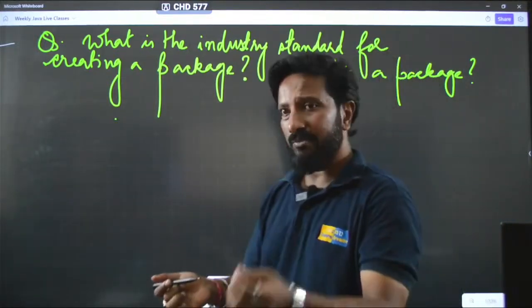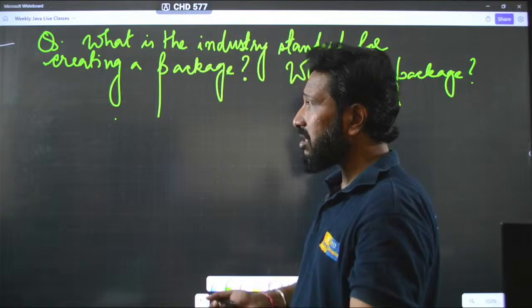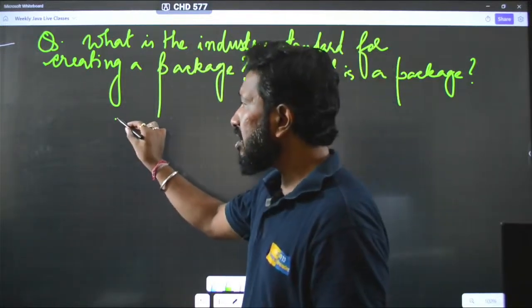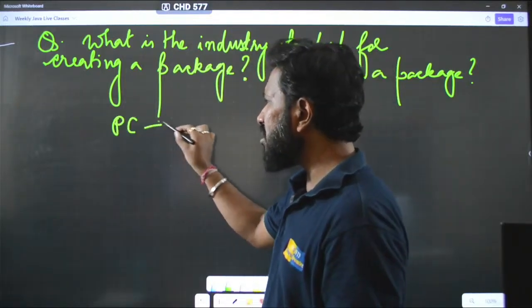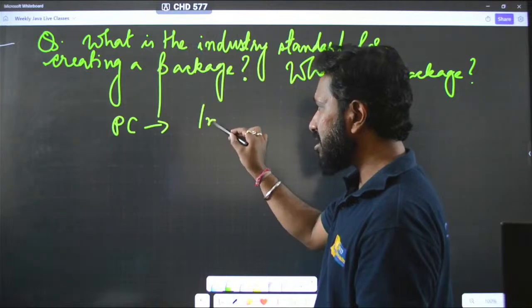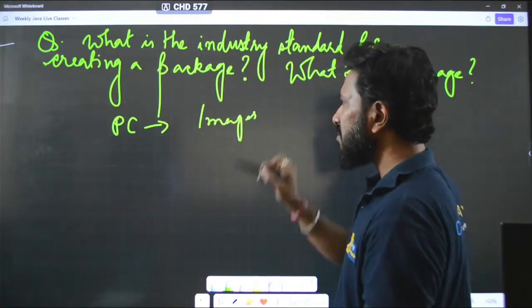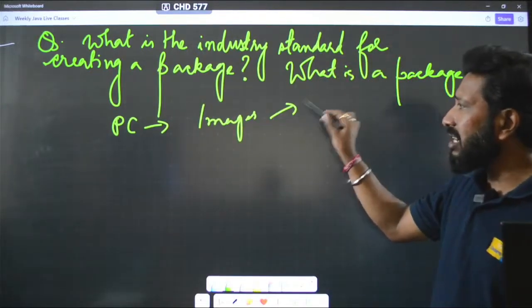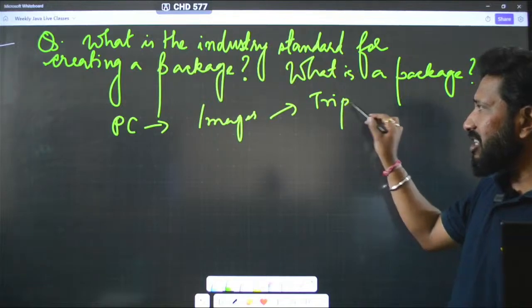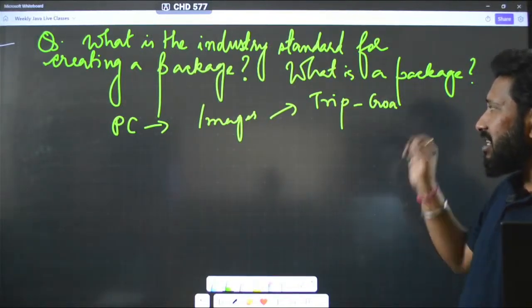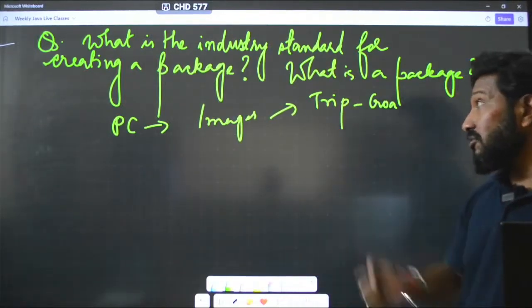See, whenever we are actually talking about our computer system, your PC, here we will have so many images. Say you are going to a trip. Say suppose you guys went to Goa. Obviously, it's summer and we might love to go to Goa, right?